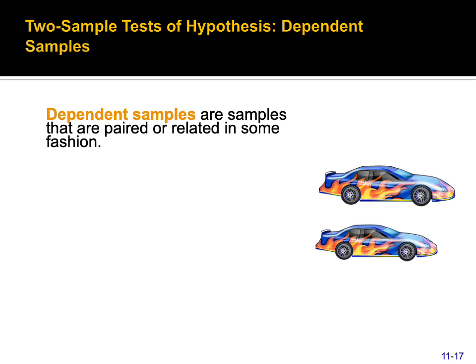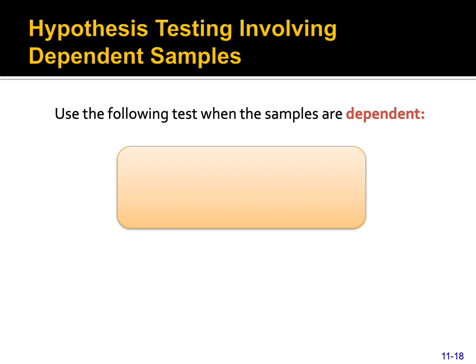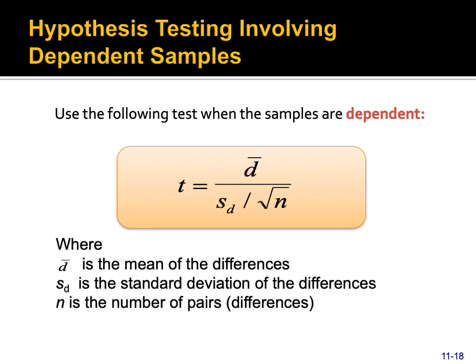Okay, the two sample tests of dependent samples. What we see here is a new test statistic. The test statistic is found by taking the D bar, which is the mean difference, and dividing it by the standard deviation of the difference between the two time periods or the two prices, etc., divided by the square root of n.